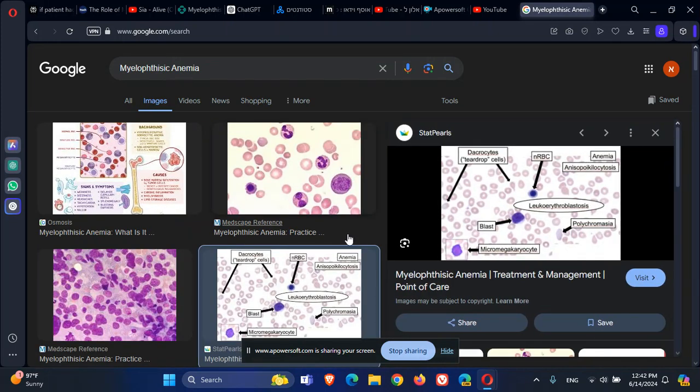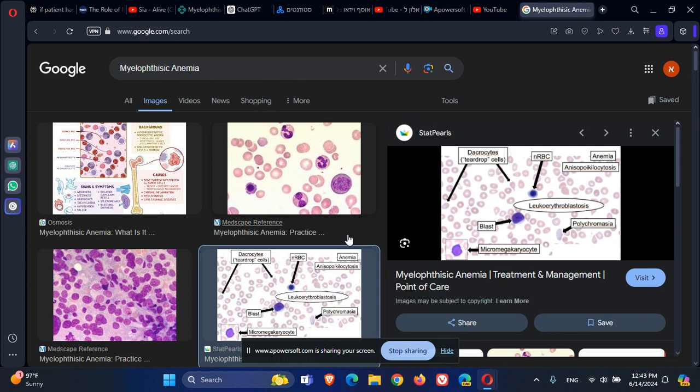So in myelophthisic anemia, it can be primary, namely there is a genetic disorder that causes this proliferation of something in the bone marrow. It can be secondary to myeloproliferative disorder like polycythemia vera, essential thrombocytosis.